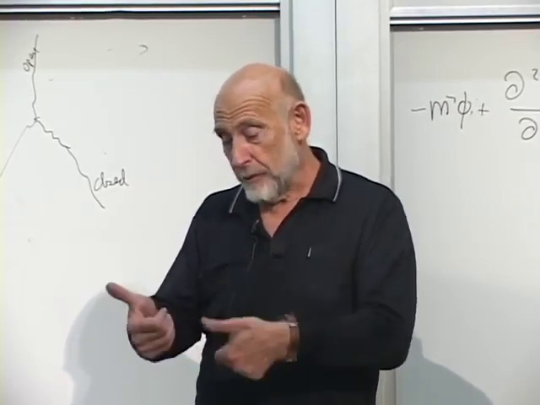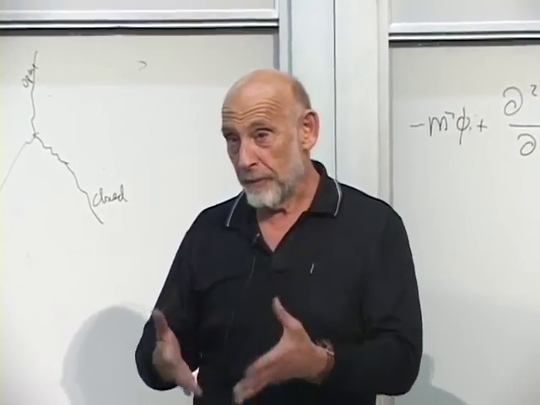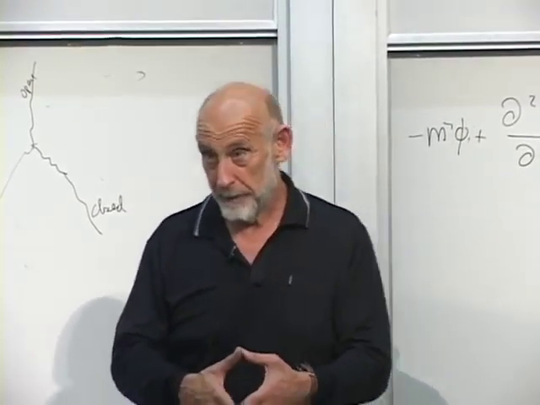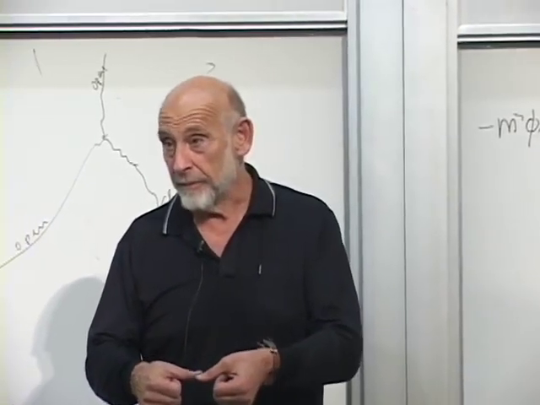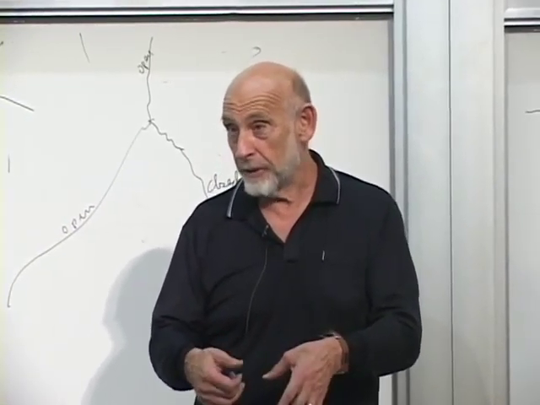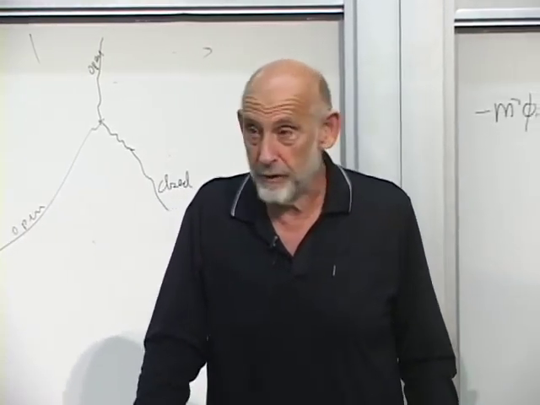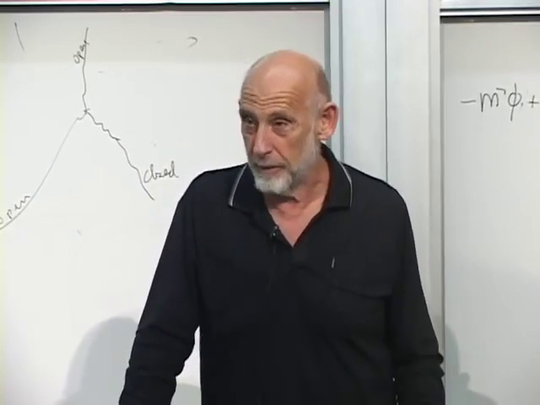But keep in mind, if they're moving fast, they spend less time near each other. So if the probability per unit time is the same, if they're moving past each other fast, there will be less of a probability of them joining. Right? So it's basically a probability per unit time.